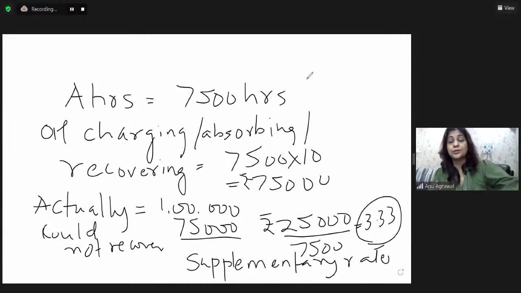Normally I should charge it, right? I can't do anything about it. I will never be working for 10,000; I'll be working only for 7,500. So does it mean I'll keep on always absorbing at the rate of rupees 10? If I keep on doing that, I will be undervaluing, or not charging the correct cost.